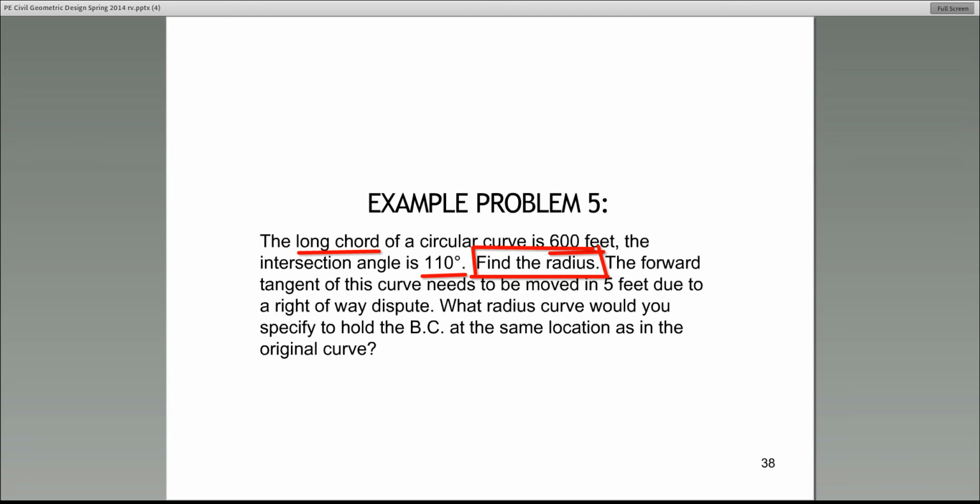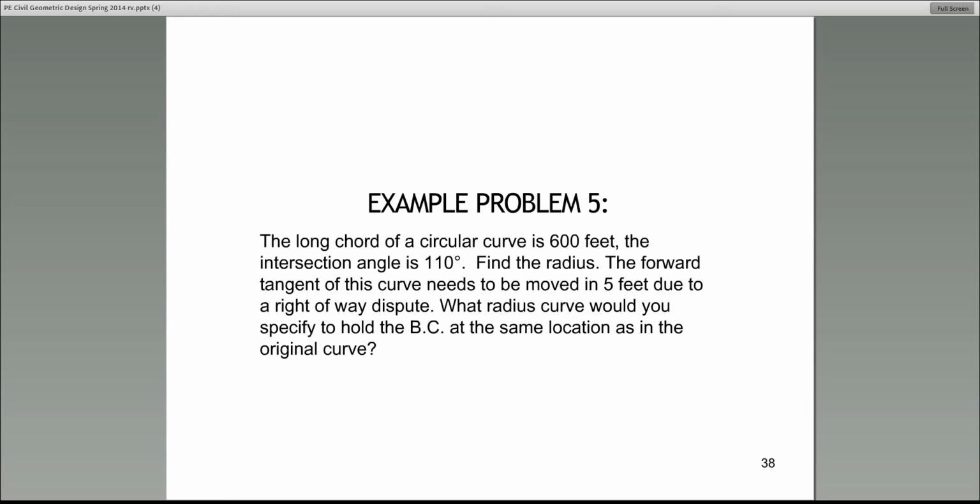Then, let's continue. The forward tangent of the curve needs to be moved in 5 feet. All right?